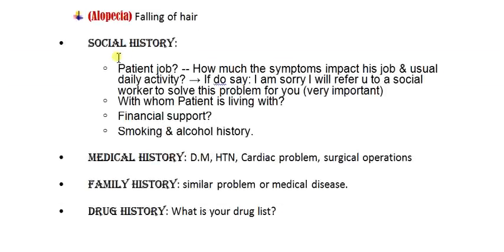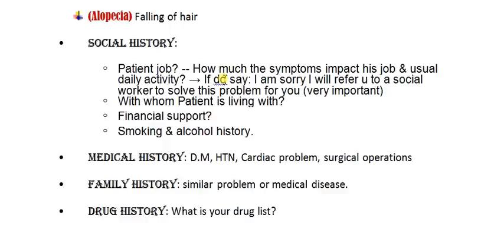Then the social history, which is fixed for all the cases of station 5, station 2, and station 4. Ask: what do you do for living, and how much do the symptoms impact your job and usual daily activities? You have to refer the patient to a social worker if the patient has any social troubles related to his illness.